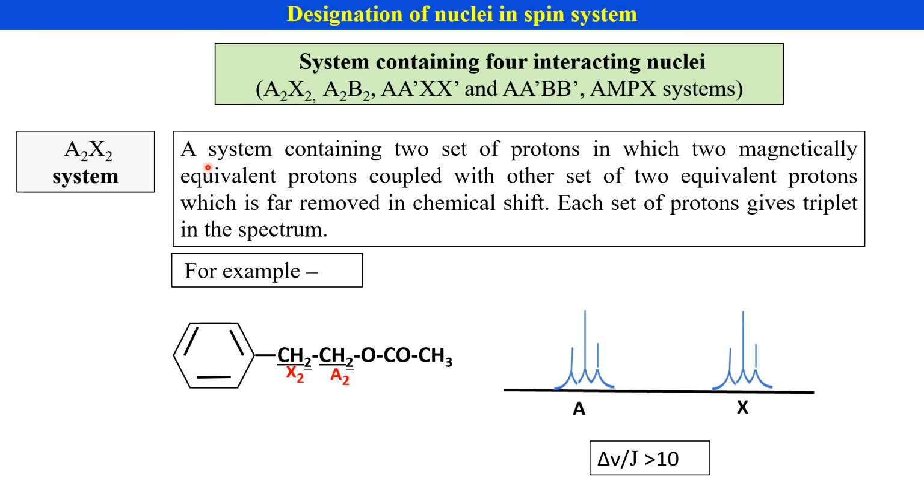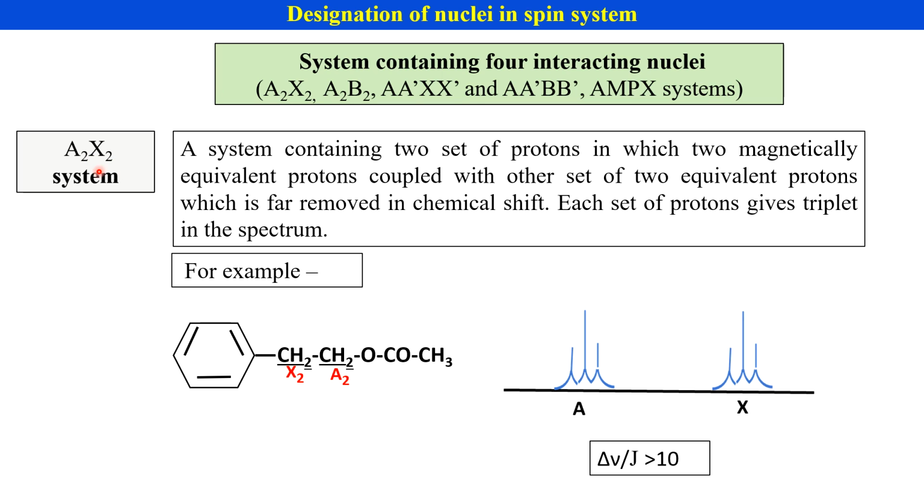A system containing two sets of protons in which two magnetically equivalent protons are coupled with another set of two equivalent protons which is far removed in chemical shift. That is, A2 protons, these two equivalent protons, are coupled with this X2 type of equivalent protons, but their chemical shift difference is wide.